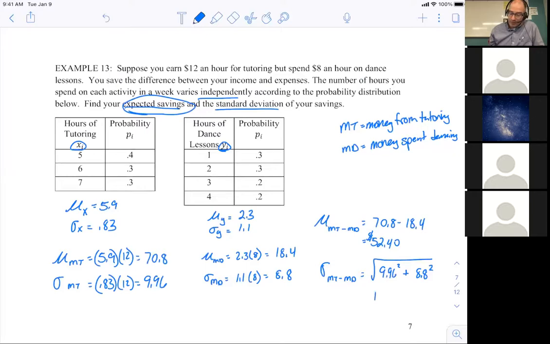That ends up being 13.29. It didn't say interpret, so we don't have to do that. But on average, I'm going to put $52.40 in the bank after paying for my dancing lessons, and it's going to differ by 13.29 on average per week.